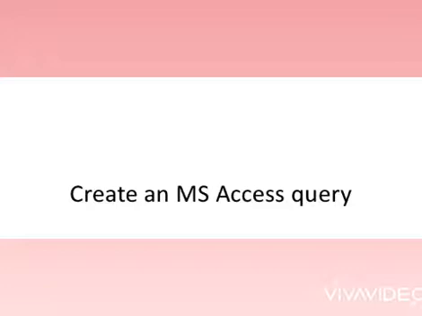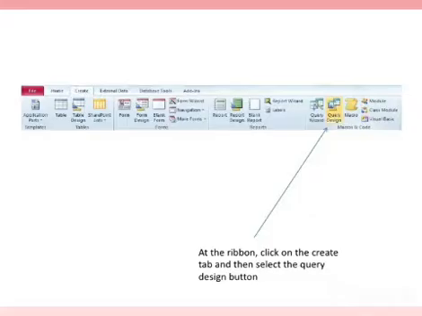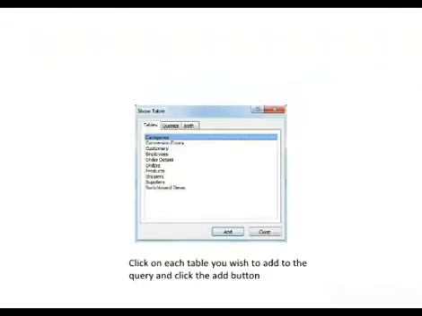So the first step is to click upon the Create button. Then click upon the Query Design button as shown in this picture. In the second step, you will find a Show Table dialog. In the Show Table dialog, you click upon the table which you want to add and then click upon the Add button to add this table.